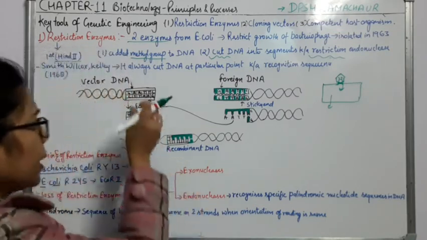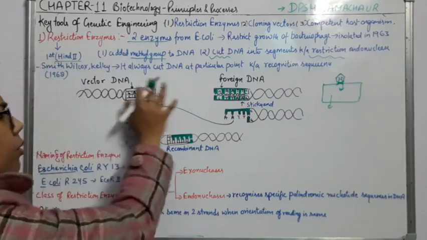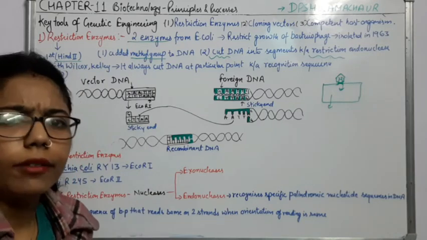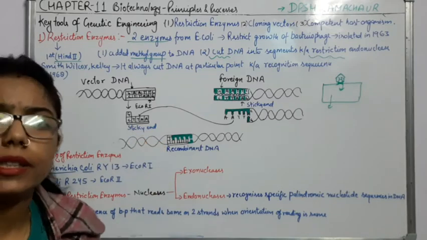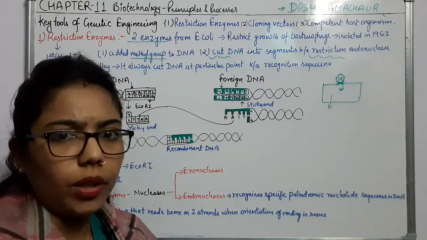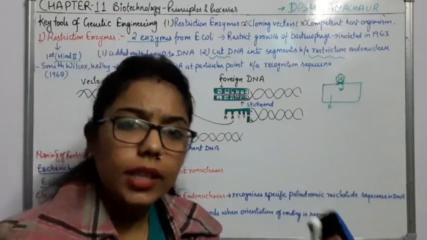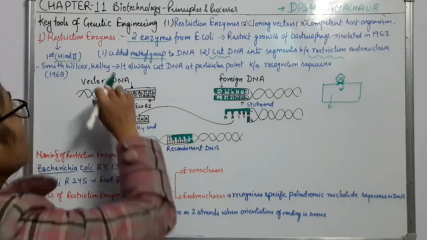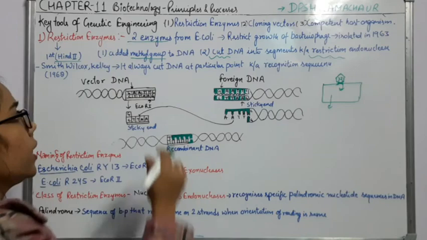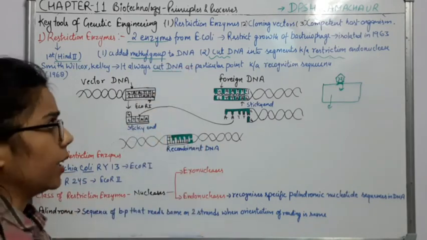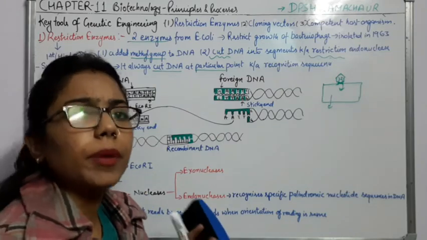If we take a 6 base pair sequence from any DNA, the restriction endonuclease will cut at a specific point, and each restriction endonuclease has a different recognition site. Hind2 always cuts the DNA at a particular point of the 6 base pair sequence.